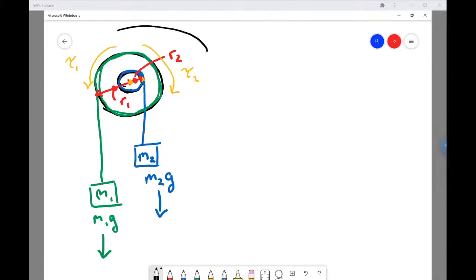So let's call the clockwise rotation positive. The way to approach this problem is that what matters isn't the individual torques, but the sum of the torques. So that net torque is going to equal tau 2, which is positive, minus tau 1, which is negative.